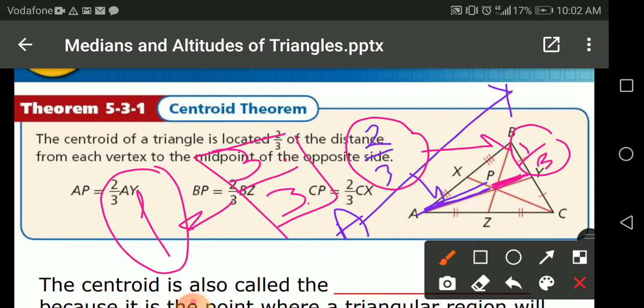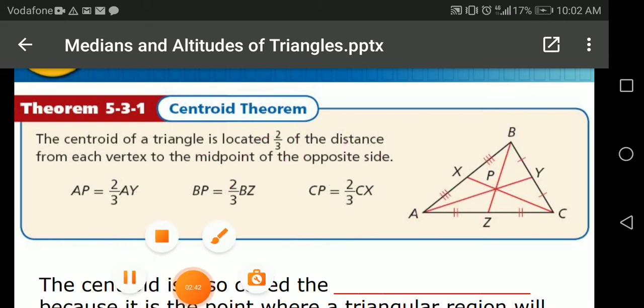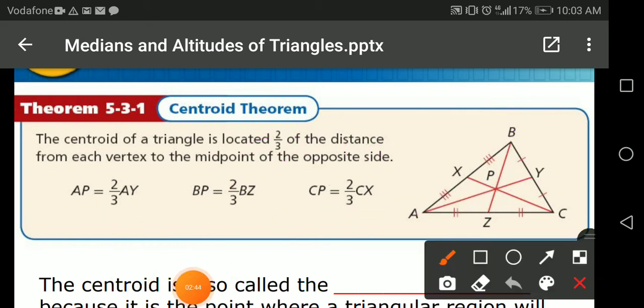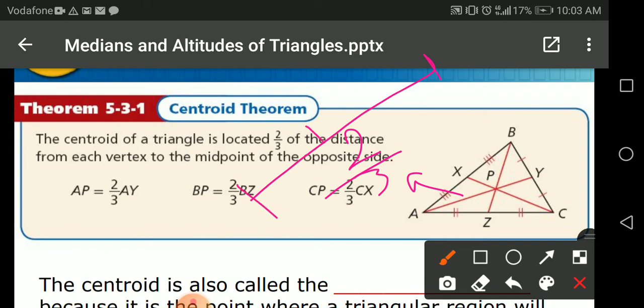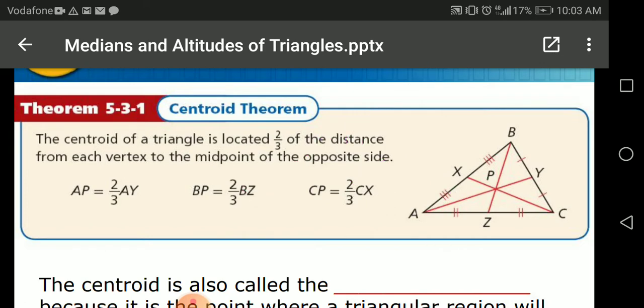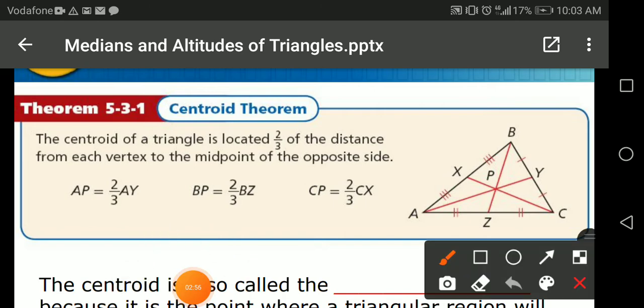Therefore, please concentrate: if AP is 2/3 of the whole, the remaining is 1/3. Is this only for this median? No, for all the medians. What happens here will happen to the other two medians.